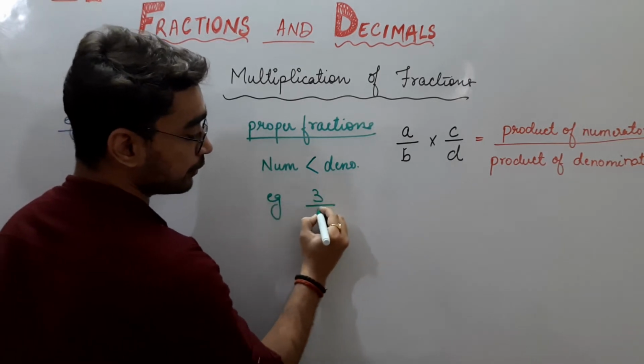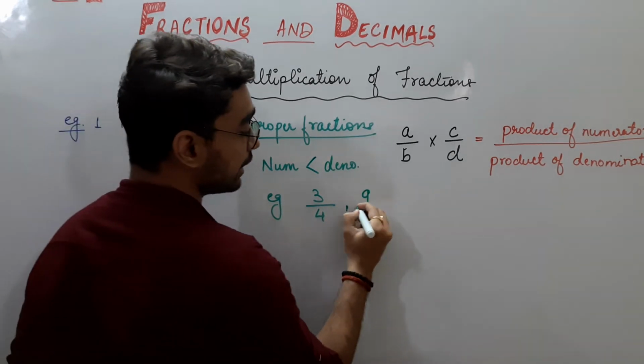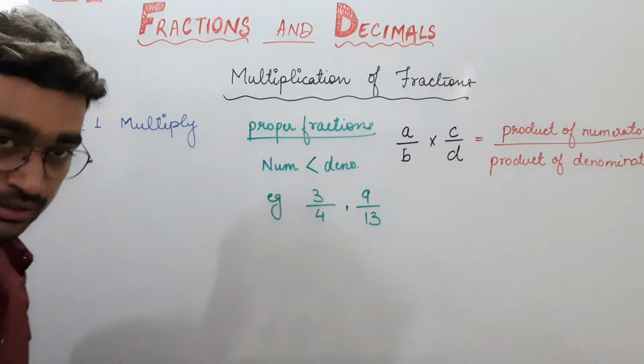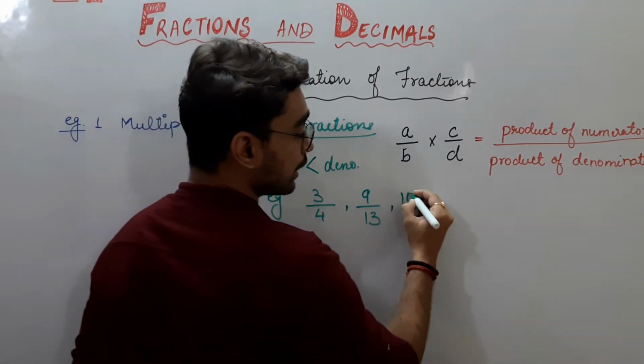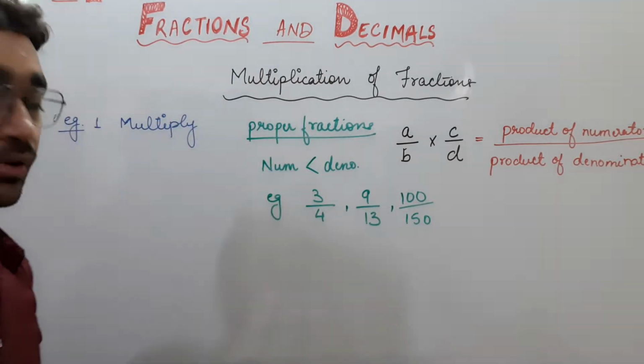Example, 3 by 4, numerator is smaller than denominator. 9 by 13, numerator is smaller than denominator, or I can say the denominator should be greater than the numerator. 100 by 150, that's also a proper fraction.